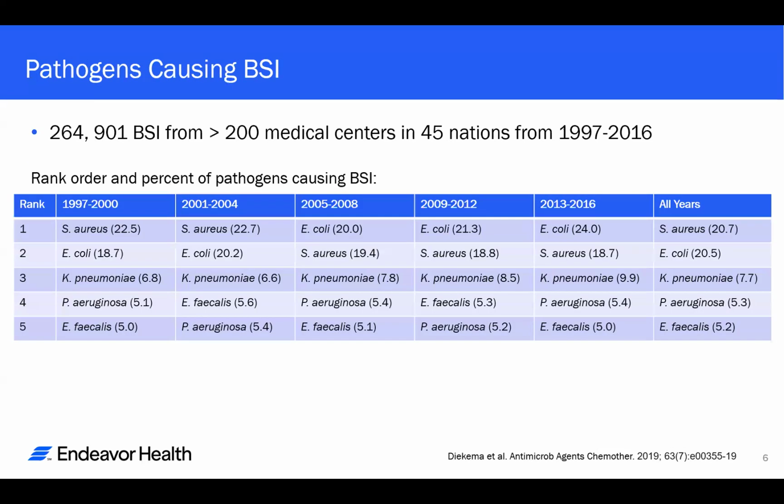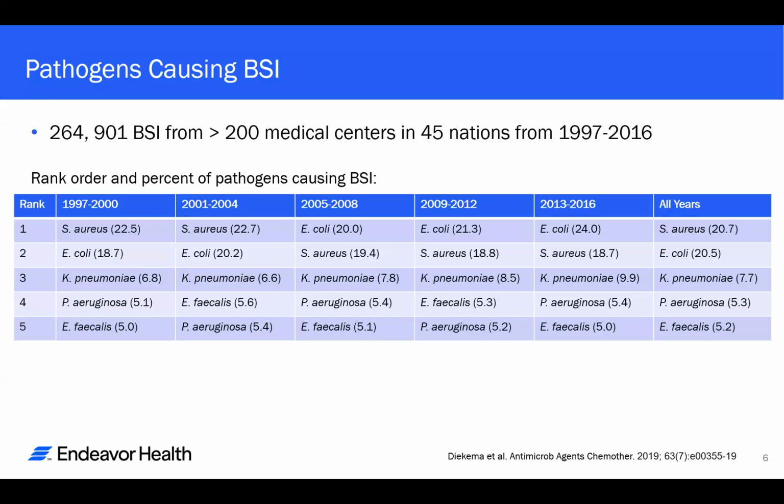There was a really nice paper published by Dykema and colleagues in 2019, and this is Sentry data looking at what pathogens we see in bloodstream infections internationally. So they looked at over 250,000 pathogens in bloodstream infections from 200 plus medical centers in 45 nations, including several in the US.